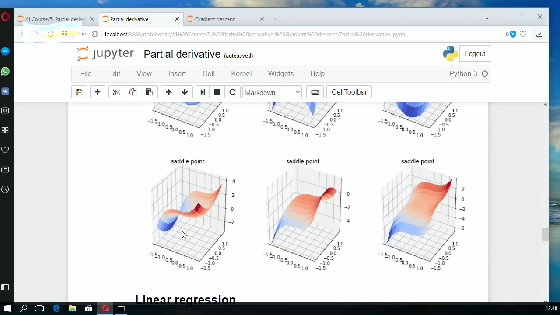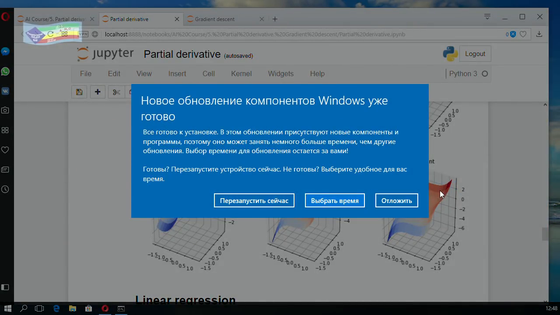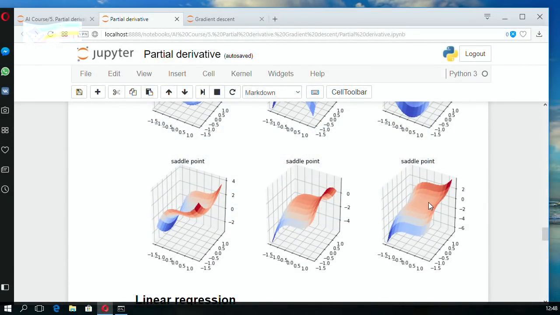And there we have a saddle point plus a minimum, a saddle point plus a maximum, and 2 saddle points. And you can see that there is no minimum and maximum.